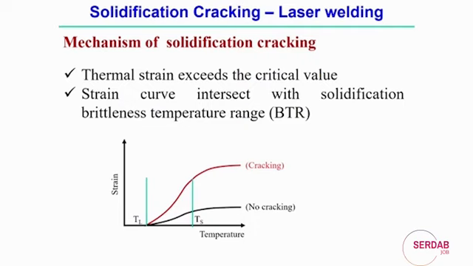So by looking into the amount of thermal strain generated during this process and comparing it with the critical amount of strain, we can predict whether solidification cracking happens in the laser welding process or not. In this figure, if the strain curve intersects the solidification brittleness temperature range, called BTR, that predicts the generation of solidification cracking in a laser welding process.